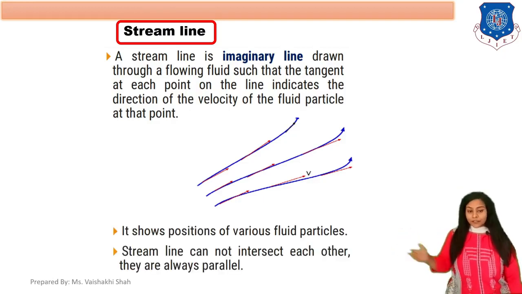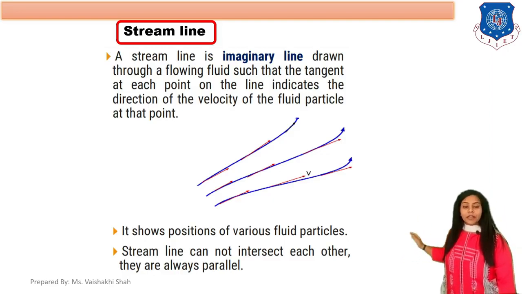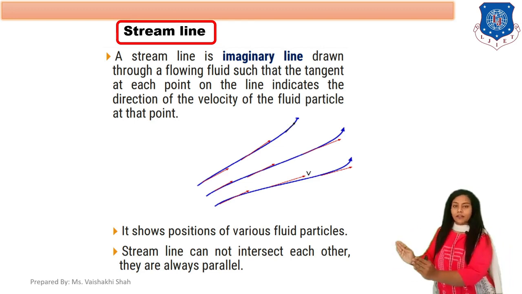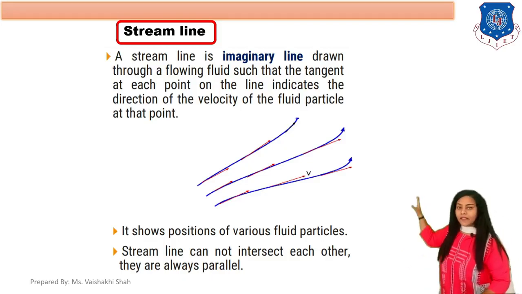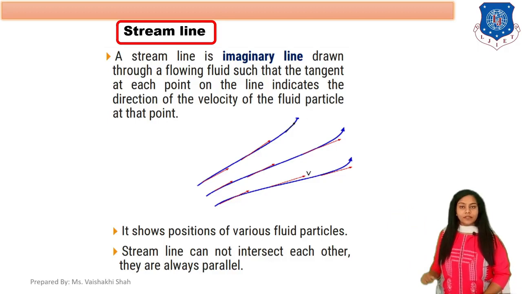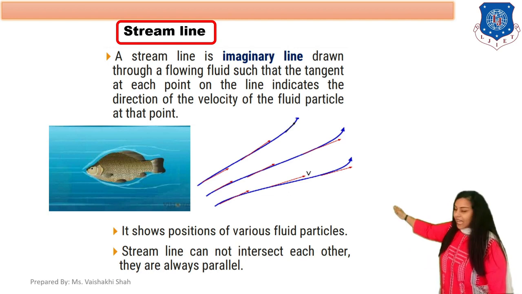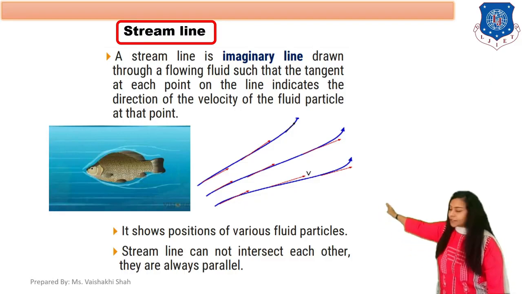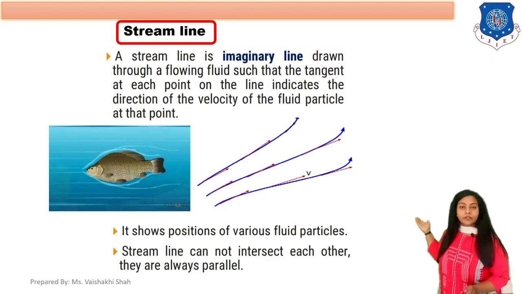It shows the position of various fluid particles, and streamlines cannot intersect each other; they are always parallel to each other. This is also an example of a streamline. As you can see, for a fish here, the tangent of any line gives you the velocity direction of the moving fish. So this was our second line, the streamline.